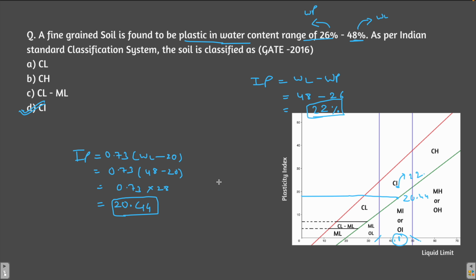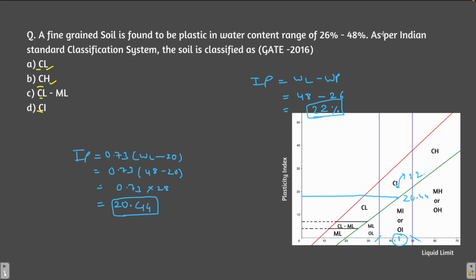I have solved this question, but there is also a trick so that you can solve this question directly. Whenever you are giving the GATE examination, by just seeing the options you don't have to solve it like this. You have to be very smart. See, all the options are given as clay, clay, clay, clay. If it is clay, it is either low, high, or intermediate, right?